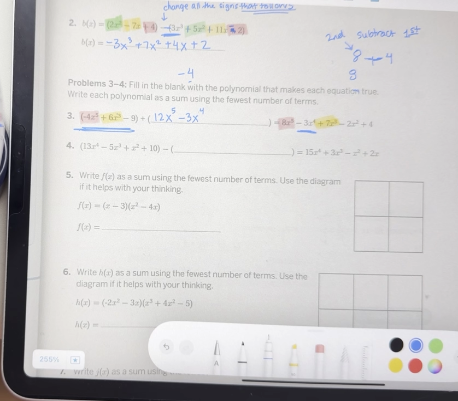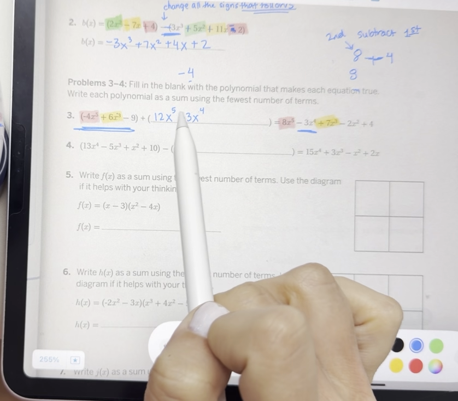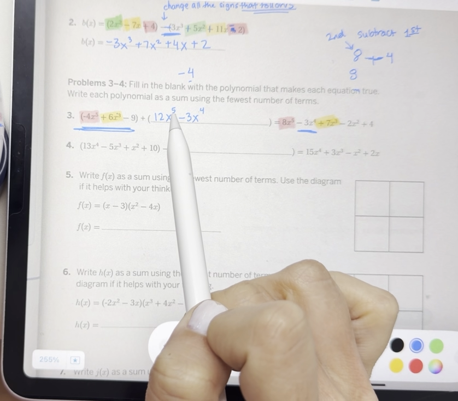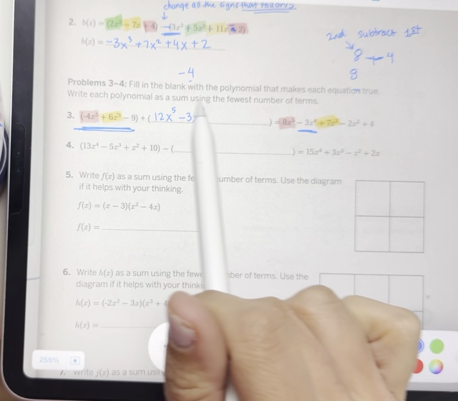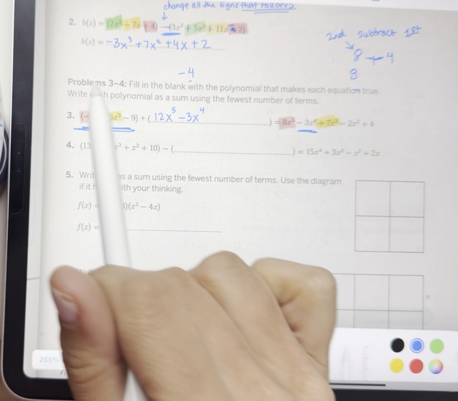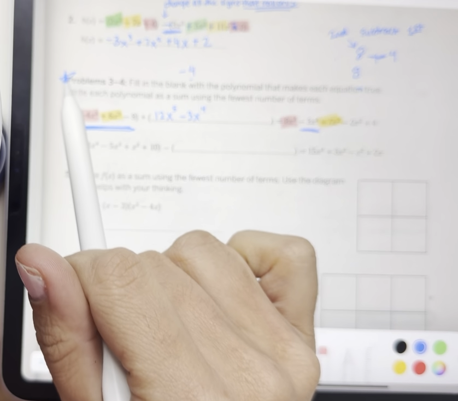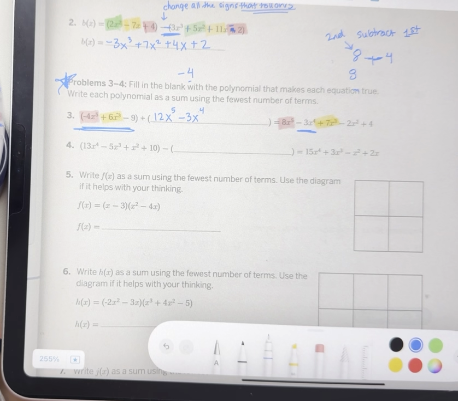Usually you just put the negative 3x to the 4th first, because we like descending order. From an exponent of 5, we go to an exponent of 4. Yeah. That's actually why I did that one first before I looked at the x cubed. They don't really specify here in the directions that they want you to have it in descending order. But it's easier that way.